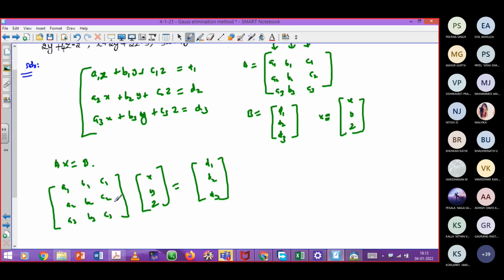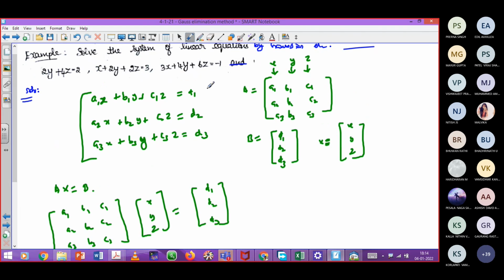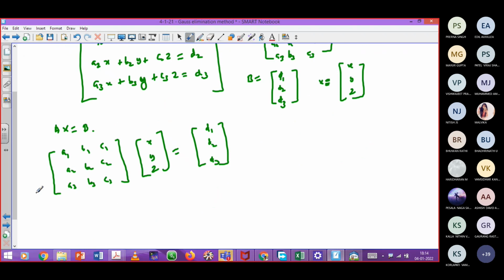If you multiply matrix A with X, you get back the same system of linear equations. This is how a system of linear equations can be written in matrix form, and in the same way a matrix can be written as a system of linear equations.